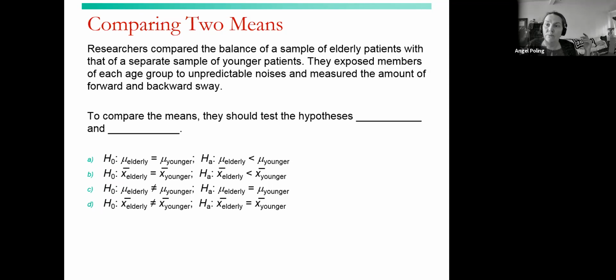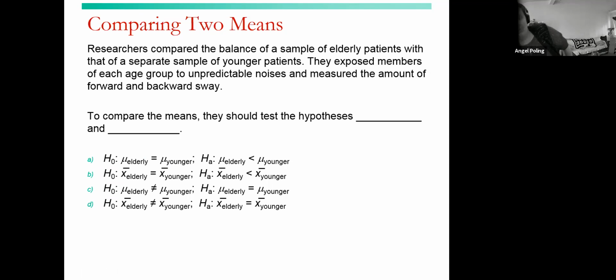They haven't even written a proper null hypothesis, right? And so we're still dealing with these researchers and the elderly and the young. And the question is actually to compare the means. They should test the hypothesis that the null hypothesis is that mu of elderly is exactly the same as the mu of the younger. So the mean of both groups are the same, right?